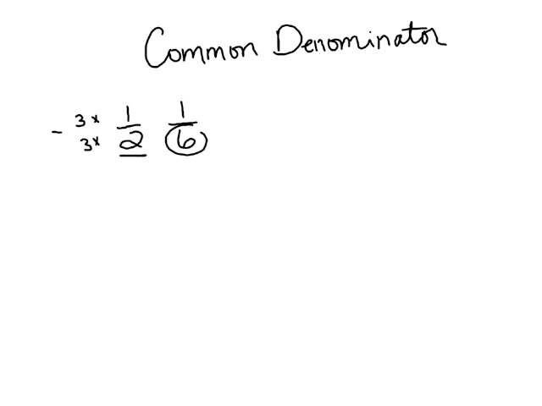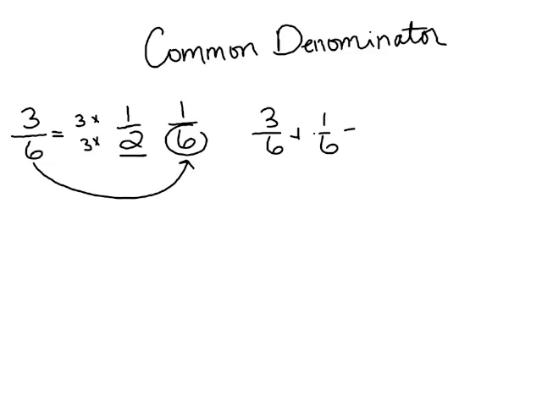So 1/2 turns into 1 times 3 is 3, 2 times 3 is 6. So 3/6 and 1/2 are the same number, right? Yes. I've just made this one so that my denominators match. So if I wanted to add those two together, 3/6 and 1/6, don't I add the bottom number too?